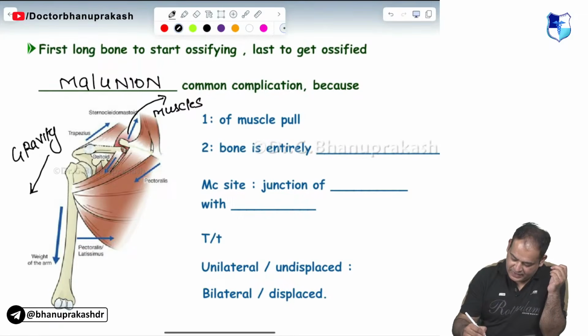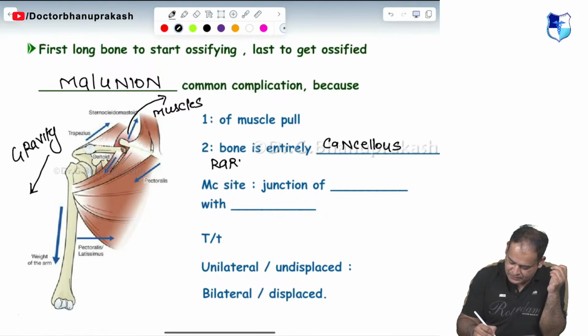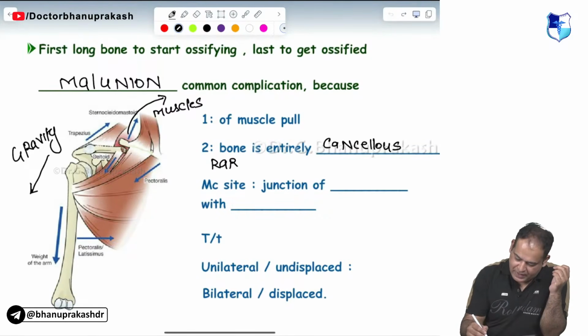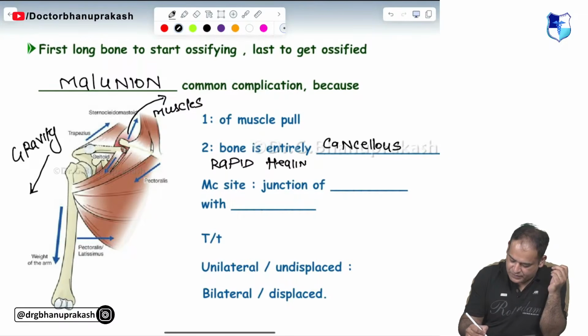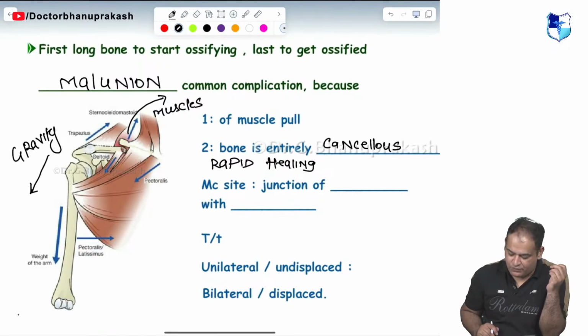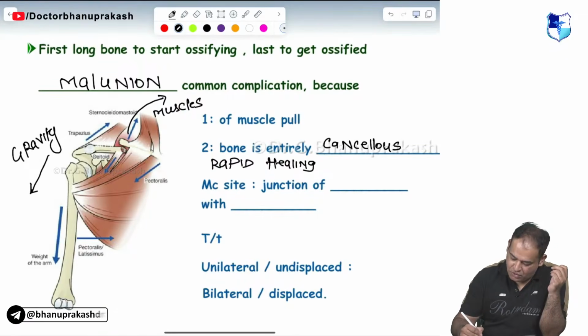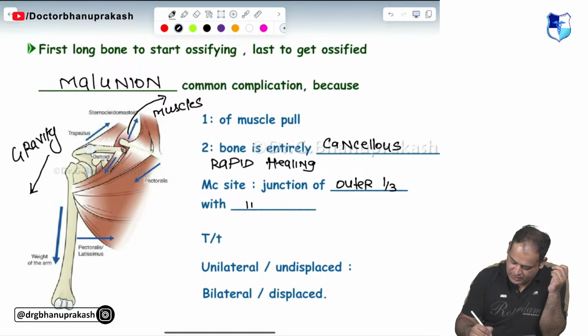The bone is entirely cancellous, so what do we expect? Because the bone is entirely cancellous, rapid healing would occur. Now the most common site is the outer 1/3 and inner 2/3 junction.